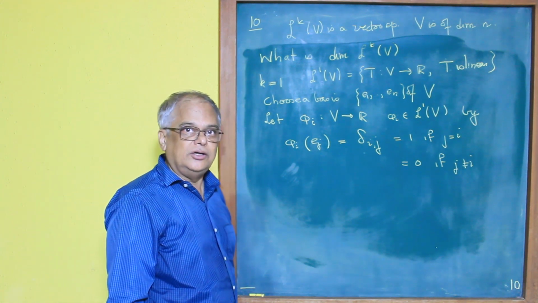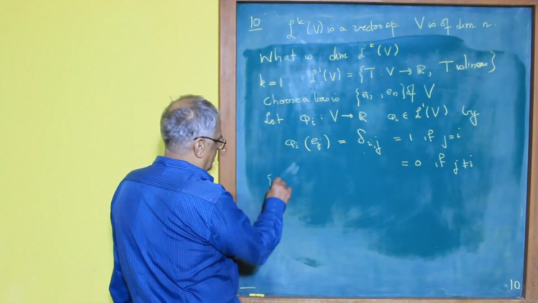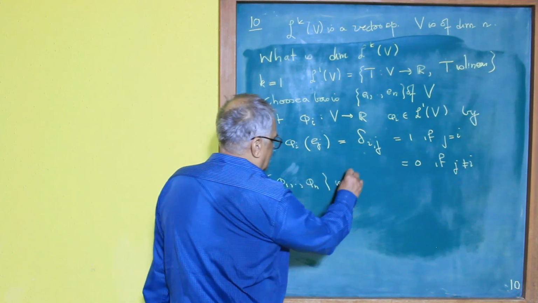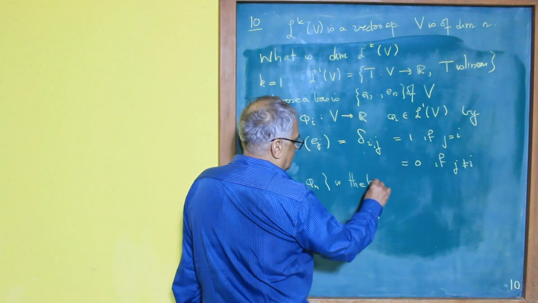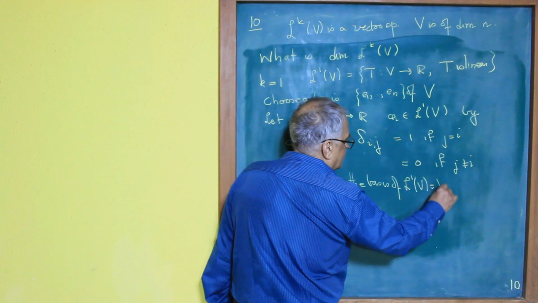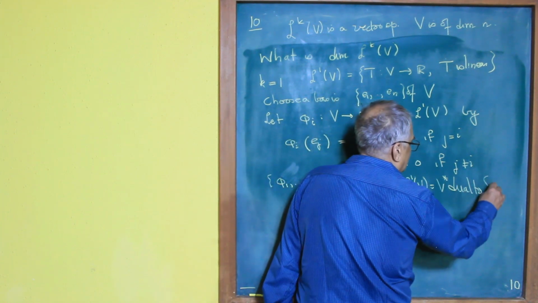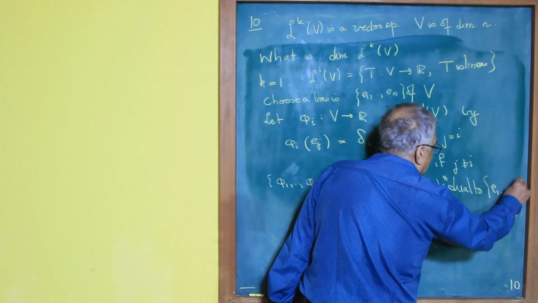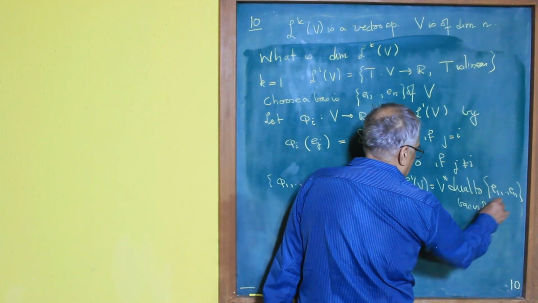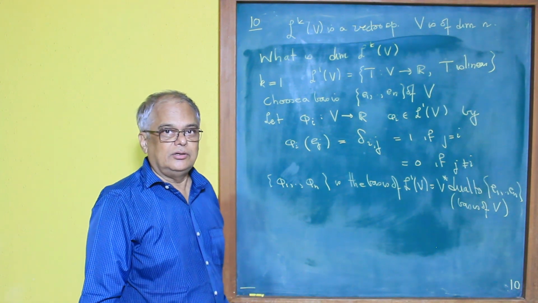phi_1 to phi_n is the dual basis of V star, dual to e_1 to e_n.